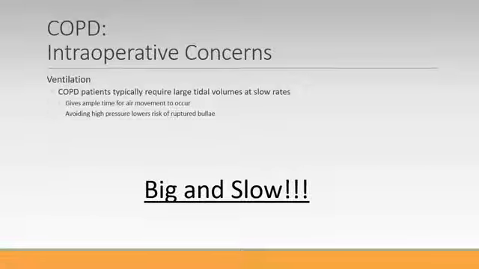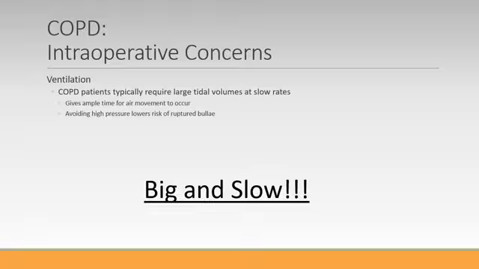In terms of ventilation, this is one of the biggest things we want to look at. Remember that COPD patients typically require big, slow breaths. So we're going to have big tidal volumes and very slow rates. We want to make sure that we give ample time for that air to empty out through the lungs.